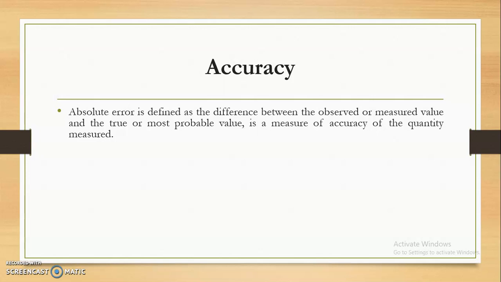That's why, in the minimization of errors, we carry out parallel determination. Parallel determination means that in the same procedure we repeat our titration or any type of analysis procedure in duplicate or triplicate, so that whatever errors are there will be minimized by taking the average of those three analyses.